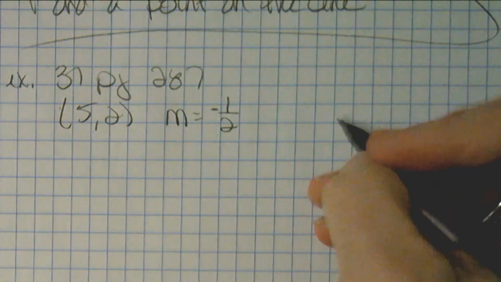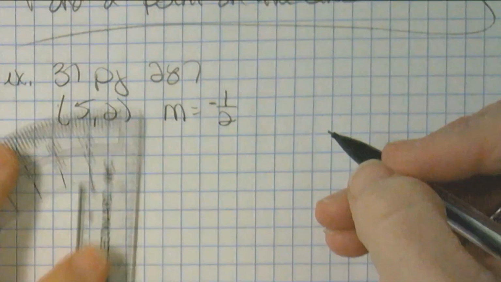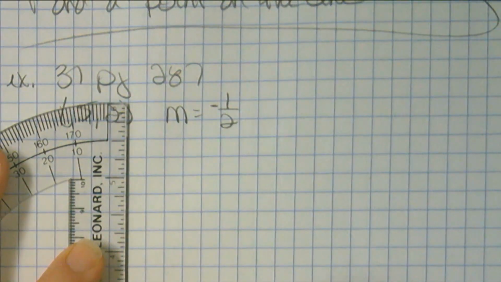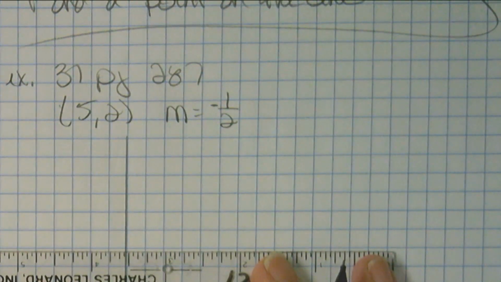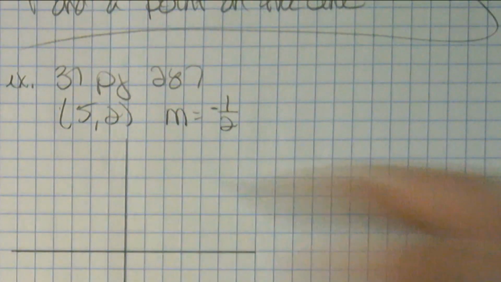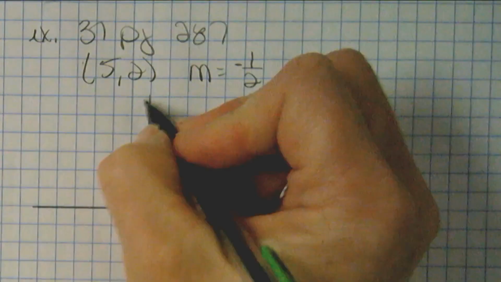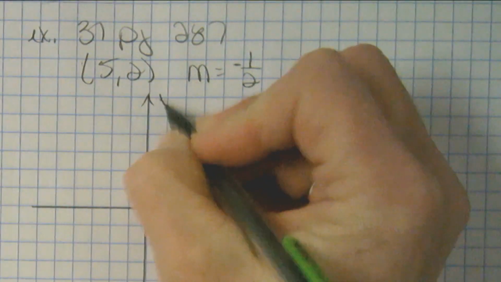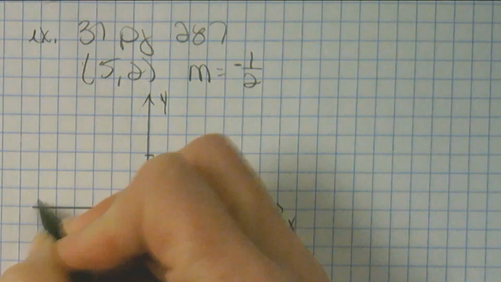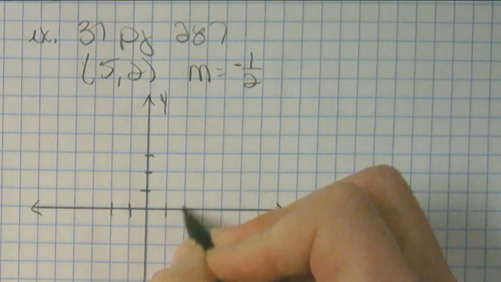What you're going to do first is draw your coordinate plane. Once you do that, put some increments on there, get arrows on there, get your X and Y's on there.